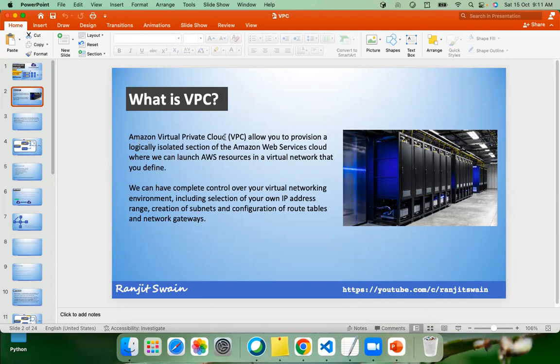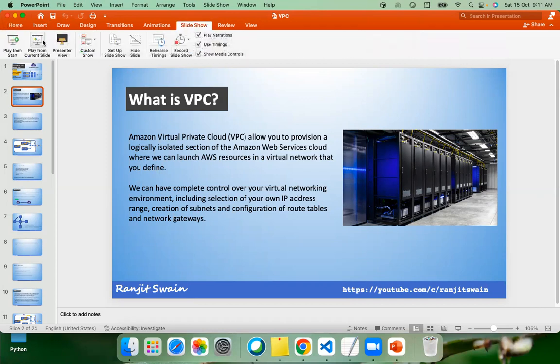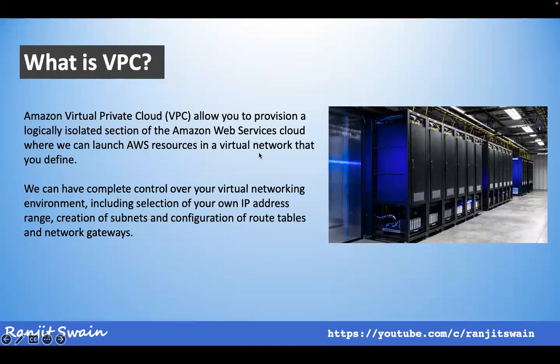Similarly, in the cloud, we provide the virtual private cloud, which allows you to provision a logically isolated section of the Amazon Web Services cloud where we can launch AWS resources in a virtual network. So what exactly does this mean? It provides a logically isolated section of the Amazon Web Services cloud where we can launch AWS resources in a virtual network that you define.